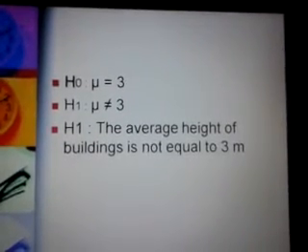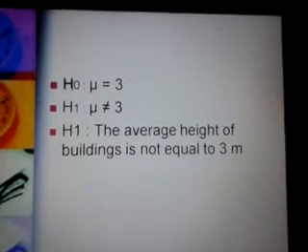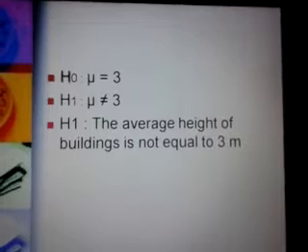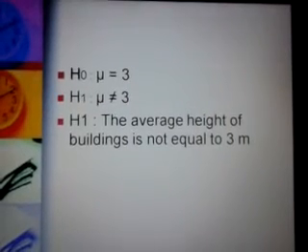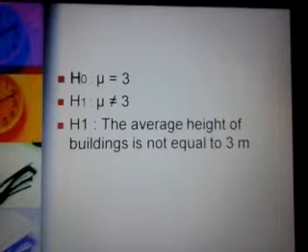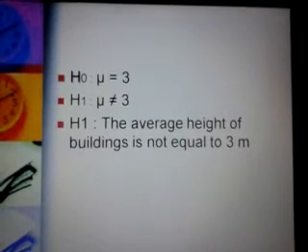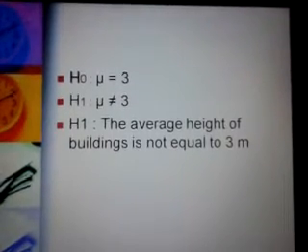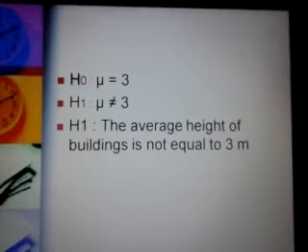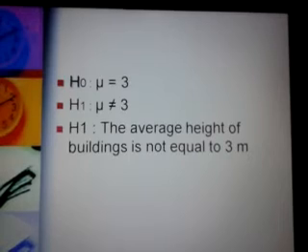I'll leave this lecture with one question, for which the answer will be discussed in my next lecture. The hypothesis is that the average height of buildings is equal to 3 meter. This is our null hypothesis. And the average height of buildings is not equal to 3 meter.